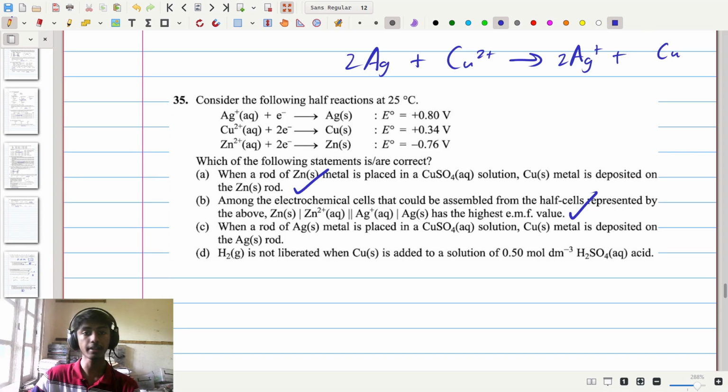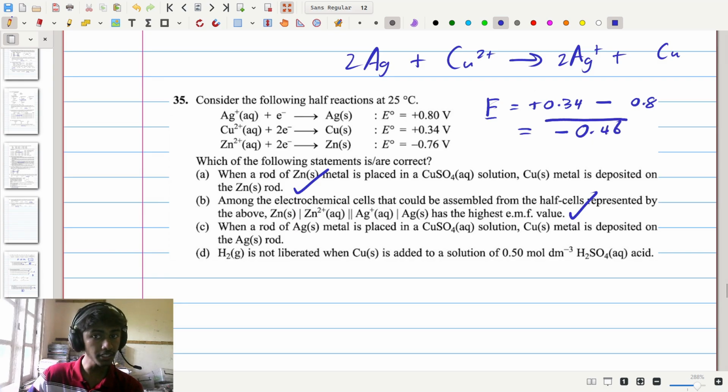According to that, we need the reverse direction of the silver reaction and the forward direction of the copper reaction, and from that the standard potential will be the forward potential of plus 0.34 minus 0.8, which gives us a negative value of minus 0.46.